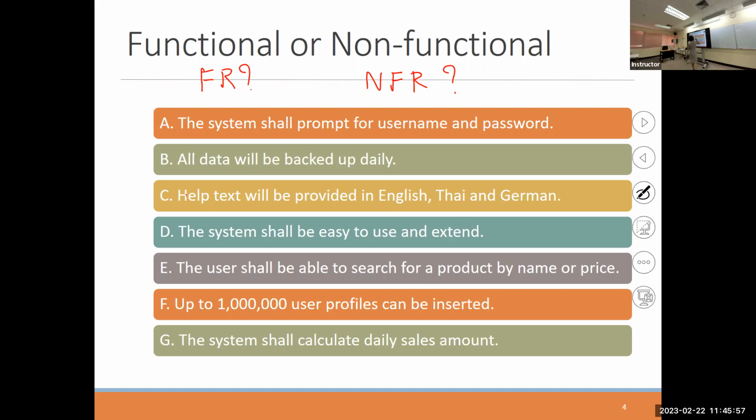Okay. First one. The system shall prompt for username and password. Functional or non-functional? I heard functional. Okay, so let's say like this. This is functional, this is non-functional, 1 or 2, right? Whether you choose choice 1 or choice 2 for all the remaining examples.